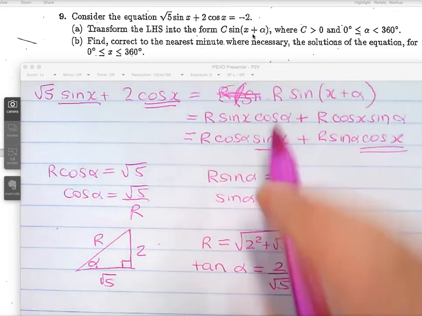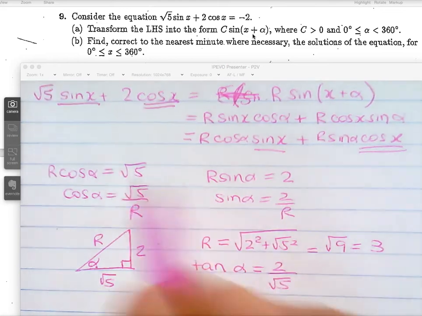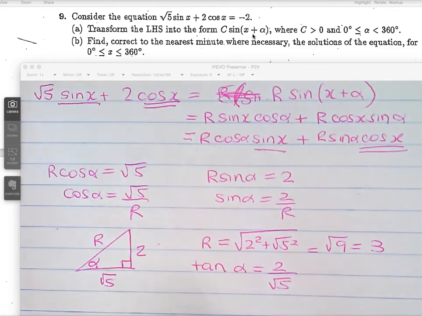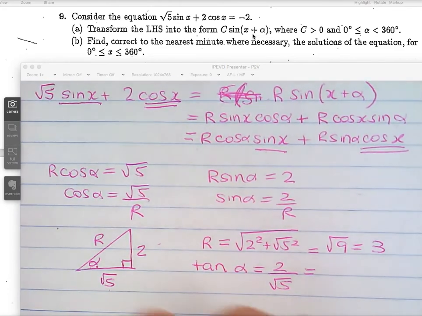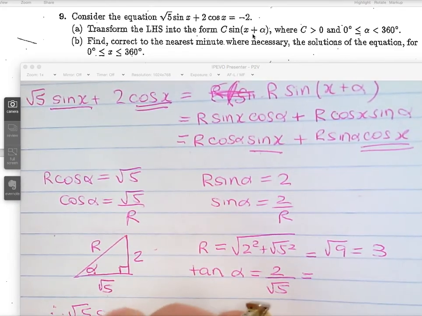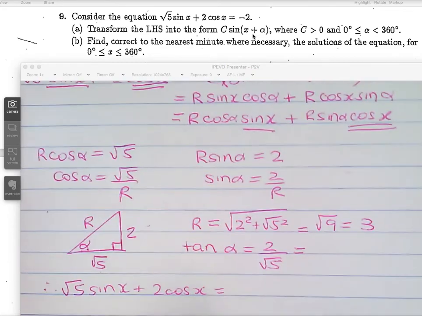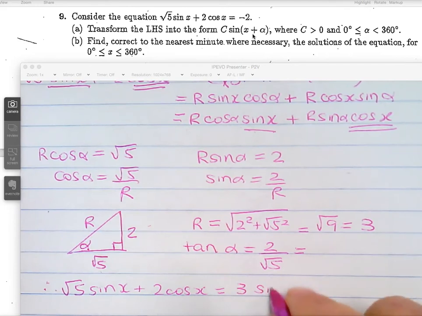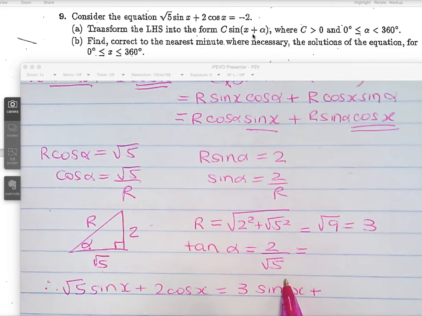All right? I understand the formula. Do you get this? Do you get why that equates with that? And then just draw a right angle triangle, and you can work out the angle and the hypotenuse from that, and whatever you get for that, you will get an angle. So then it becomes 3 cos. So therefore, we can say that root 5 sine x plus 2 cos x equals, now the R is 3 sine x plus, I could write tan to the minus 1 of 2 on root 5, but can you work it out for me?